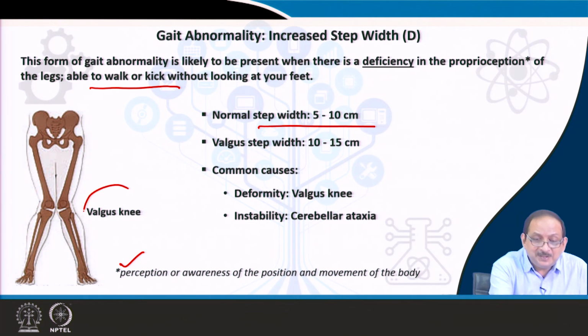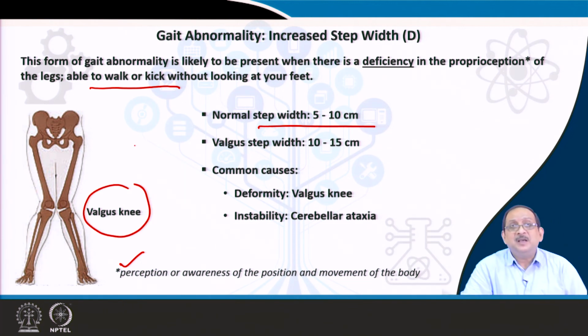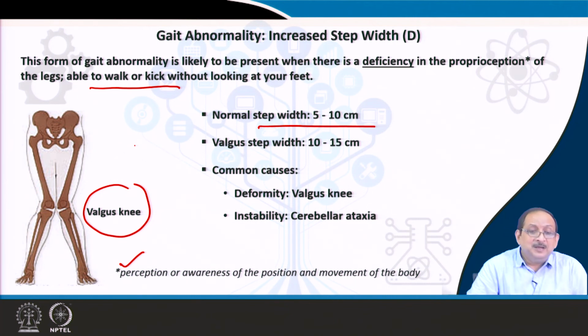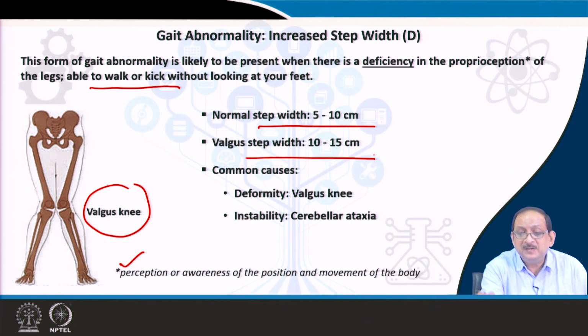In a normal person, the step width is about 5 to 10 centimeters. Valgus knee, as presented here on the left, is a joint deformity where the knee joint is bent inwards. So, in this case of valgus deformity, the step width is increased to 10 to 15 centimeters.